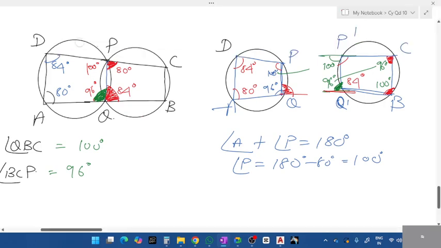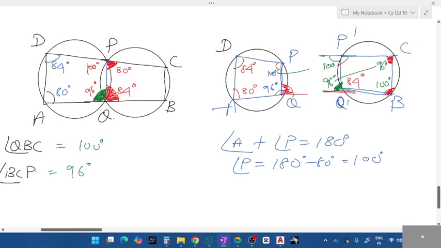Now there is a theorem based on this. Which chord is common to both? Don't write. Stop copying. Which chord is common to both? PQ is common.